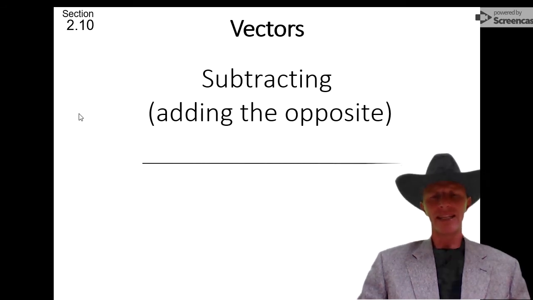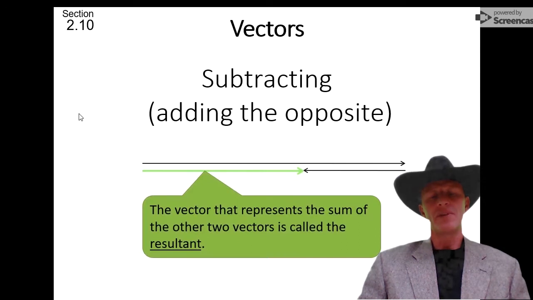Now subtracting again, if we went one way and then backtracked, we would be going right over the same vector and we'd lose some identity of the length of that vector by coming back on it. So if you subtract and they're on the same axes, the same line, then just step down a little bit. And then the question still is, how far are you away from where you began? And that would be the resultant vector.